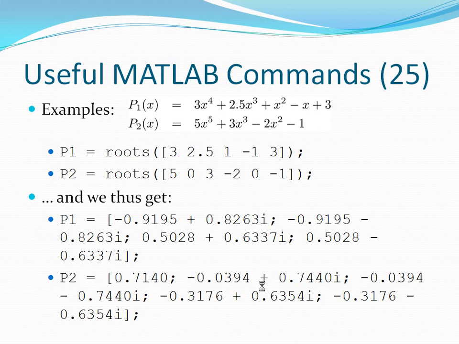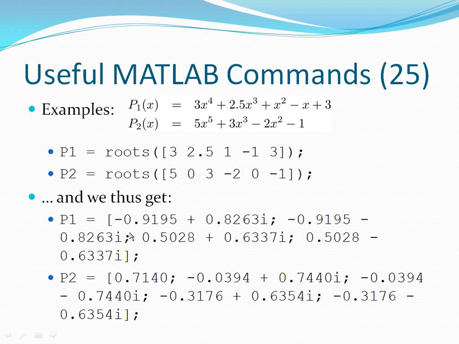So to find the roots of this equation, you do roots, and then you have the two brackets here, and then you specify a pair of square braces, and then you'll have 3, 2.5, 1, minus 1, and then 3. When you run that, you will get the following output. So this is the first root, the second root, the third root, and the fourth root. This is telling us that they're all imaginary roots.